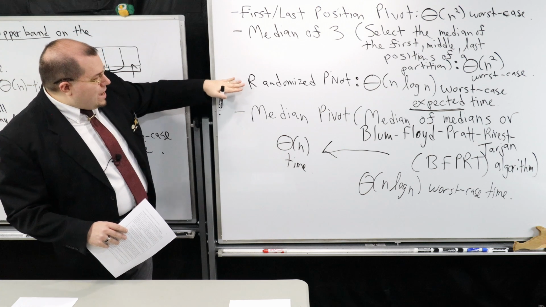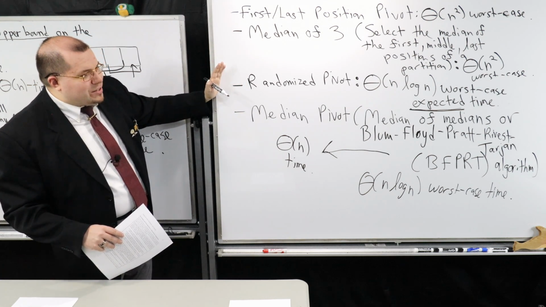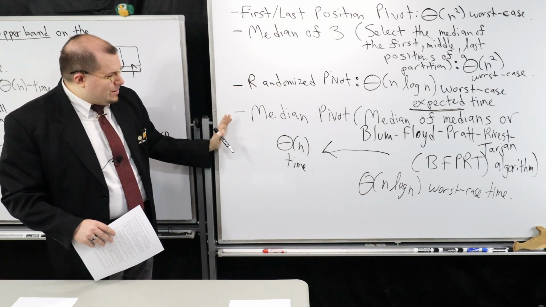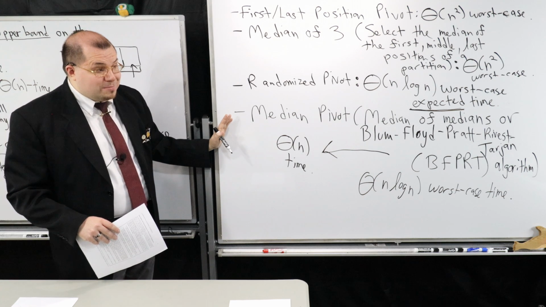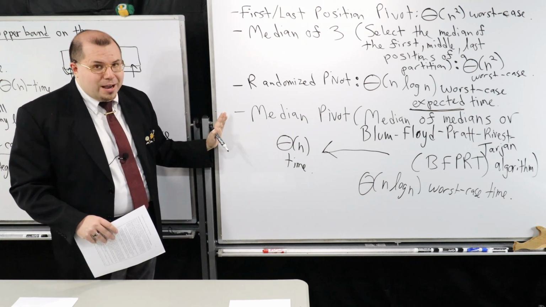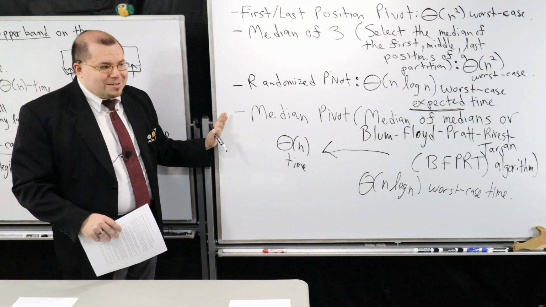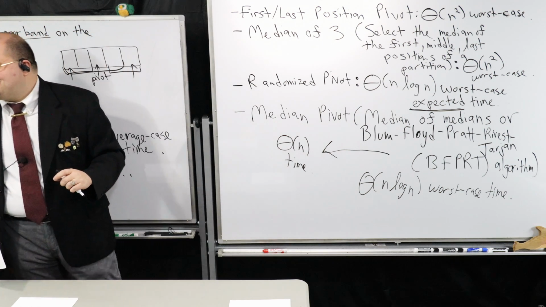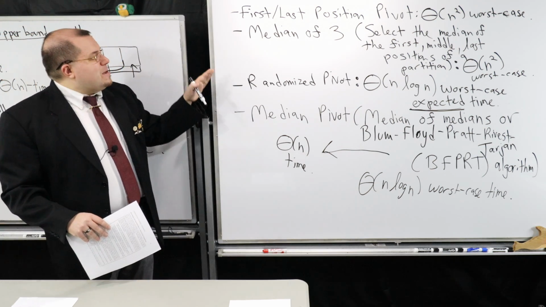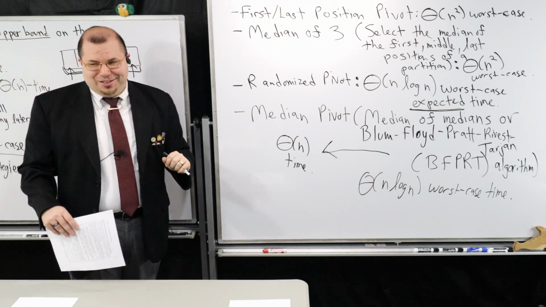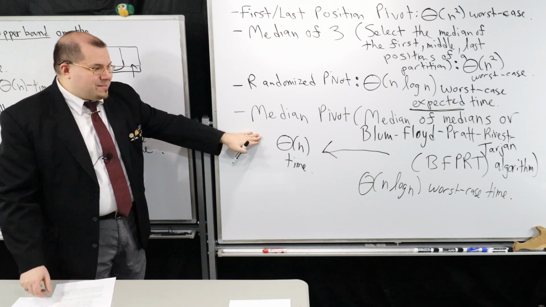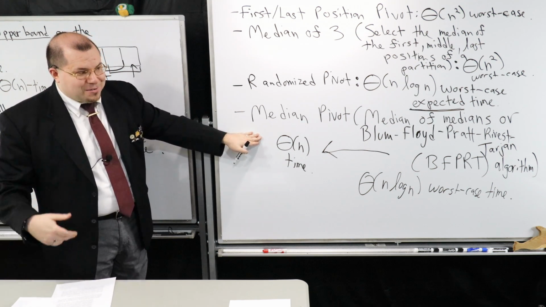On one hand, you can quickly produce, using the randomized pivot approach, generally very good results. Versus this, it might take a little longer, but it's still going to take big theta n log n worst case time, and it will exactly compute the median position for the pivot. That's what I mean by these being two extremes of each other. This is one of those examples where sometimes those constants can really matter.